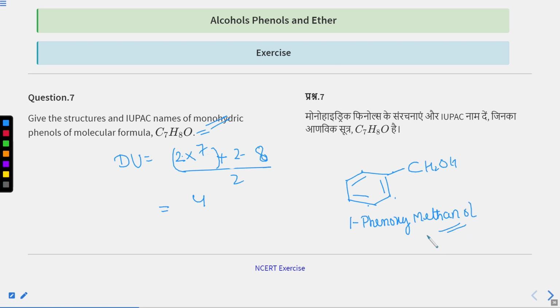Okay, clear? So we can name it in this way, right? Or else we can name it in this way. 1-phenyl methanol. Okay, this is correct.